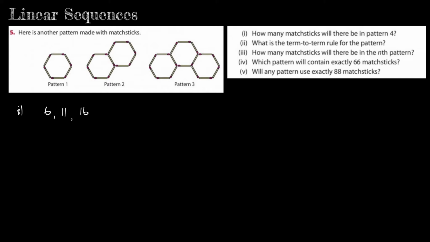So we can see there that this pattern is growing each time by plus 5, because we're adding 5 each time. So the fourth one, I would expect to have 16 plus 5, and 16 plus 5 gives us 21. Okay, so my answer there will be 21.